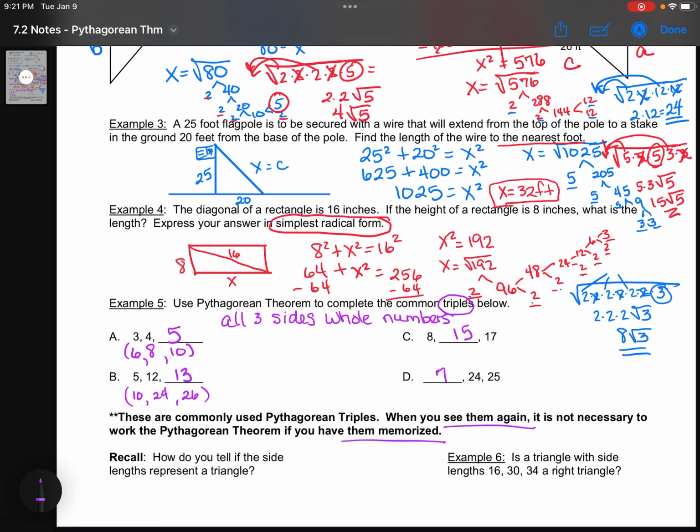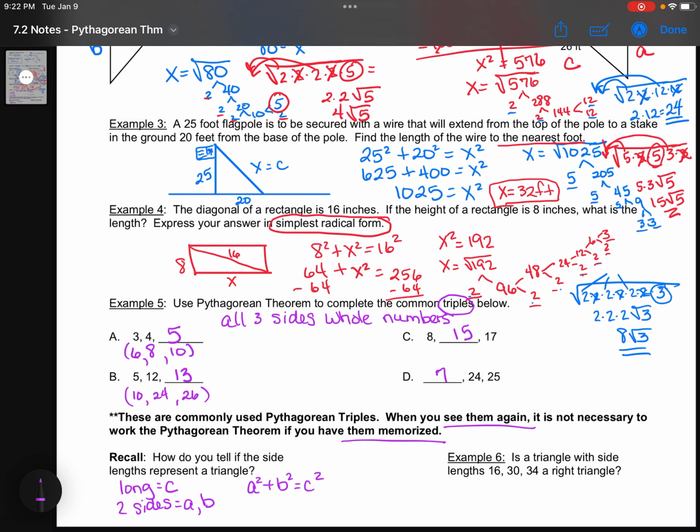Okay, how do you tell if the side lengths represent a right triangle? The longest side is going to be C. The other 2 sides are going to be A and B, and A squared plus B squared equals C squared.